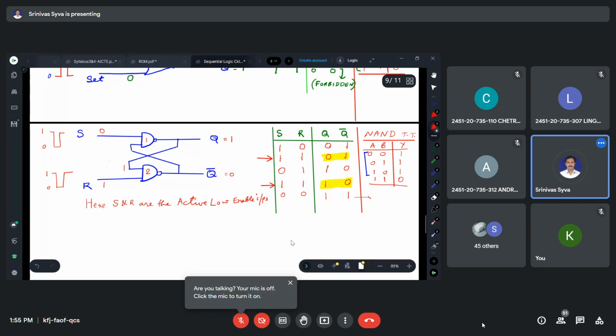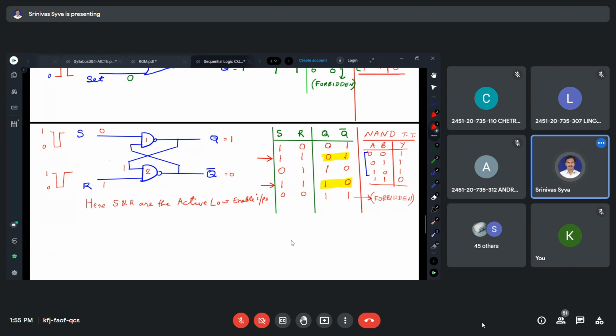You cannot apply inputs like this. This is the forbidden condition. So this is about the SR NAND latch. This problem, the forbidden state, can be resolved with the help of a modification of this circuit.